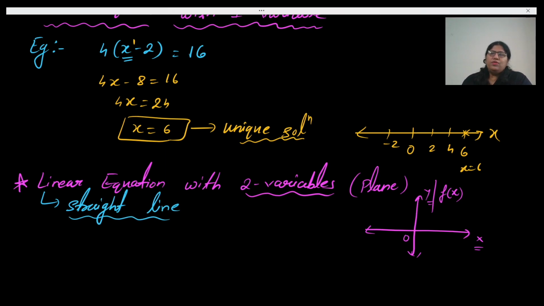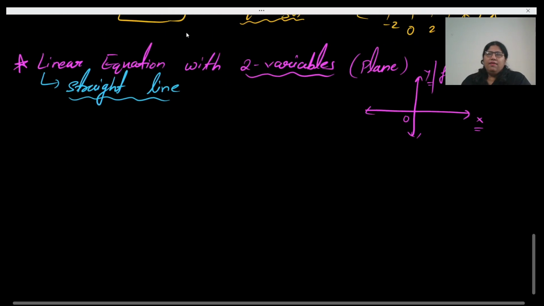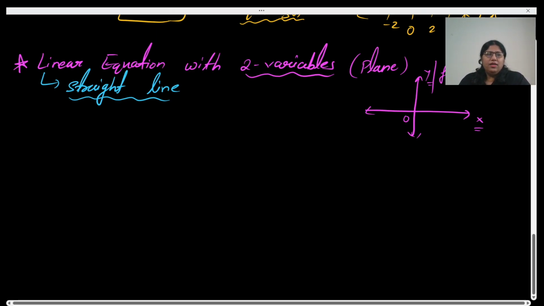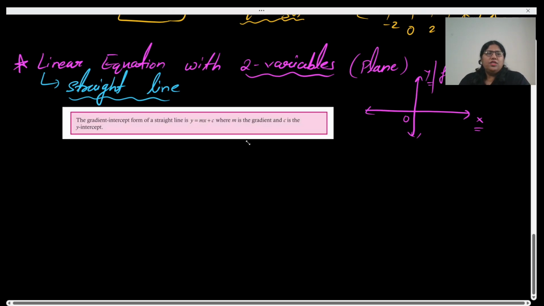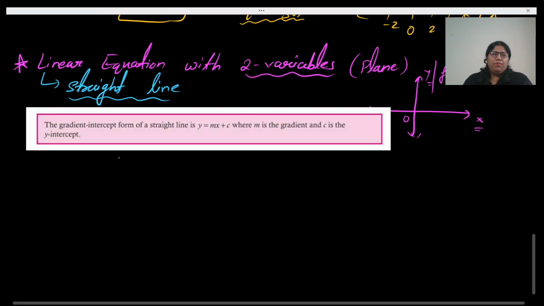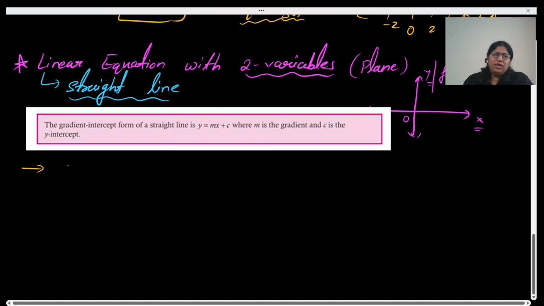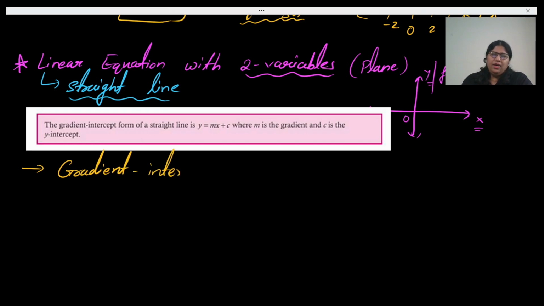So what are the two forms whenever you are talking about a linear equation with two variables? The first one is the gradient intercept form. Whenever you are learning about linear equations, the first form is y equals mx plus c, which is known as the gradient intercept form of a straight line, because a linear equation will always give you a straight line graph.